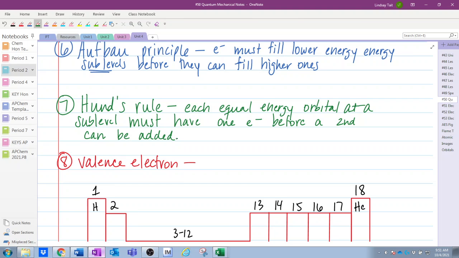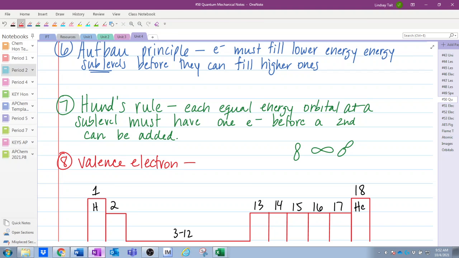I like to think of this as, guys, if you're on an airplane and everybody's traveling by themselves, no families, no couples, are you really going to double up in the same row with somebody if there's open seats available? No, you're not going to double up unless you have to. And that's what's happening with Hund's rule. When I have those 3 dumbbells and they're all the same energy, these negative electrons are going to be like, why am I going to pair up if I have other equal energy places to go?